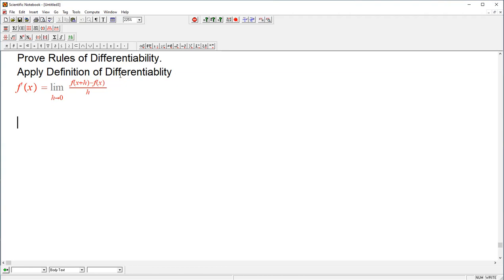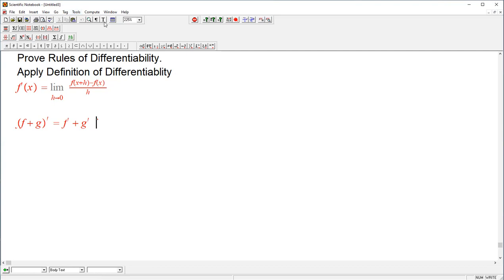is addition. And we know that when we take the derivative of two functions, we can take the derivative separately.